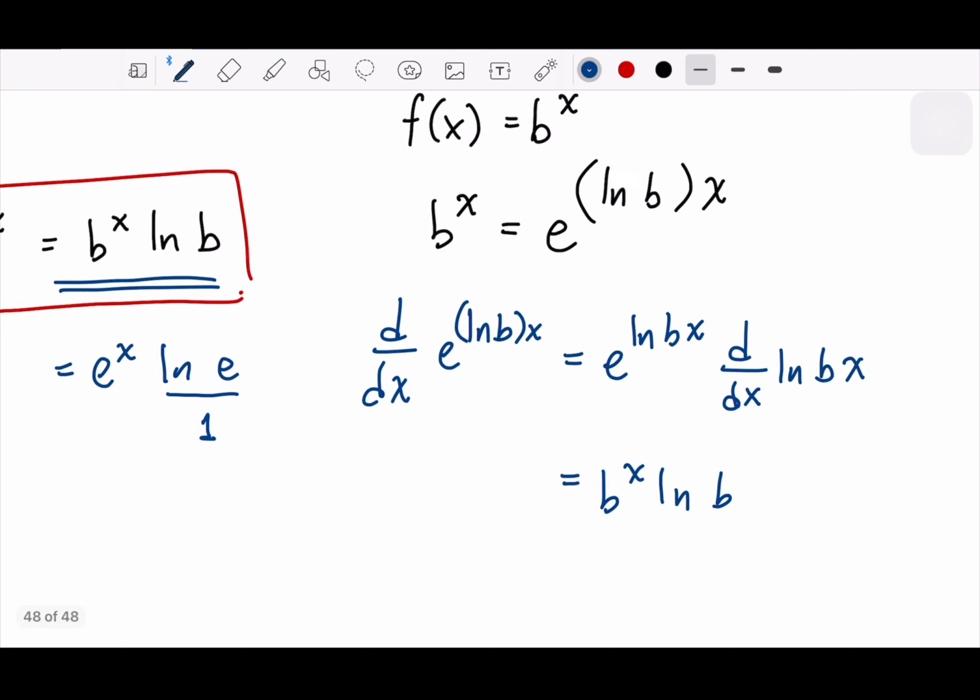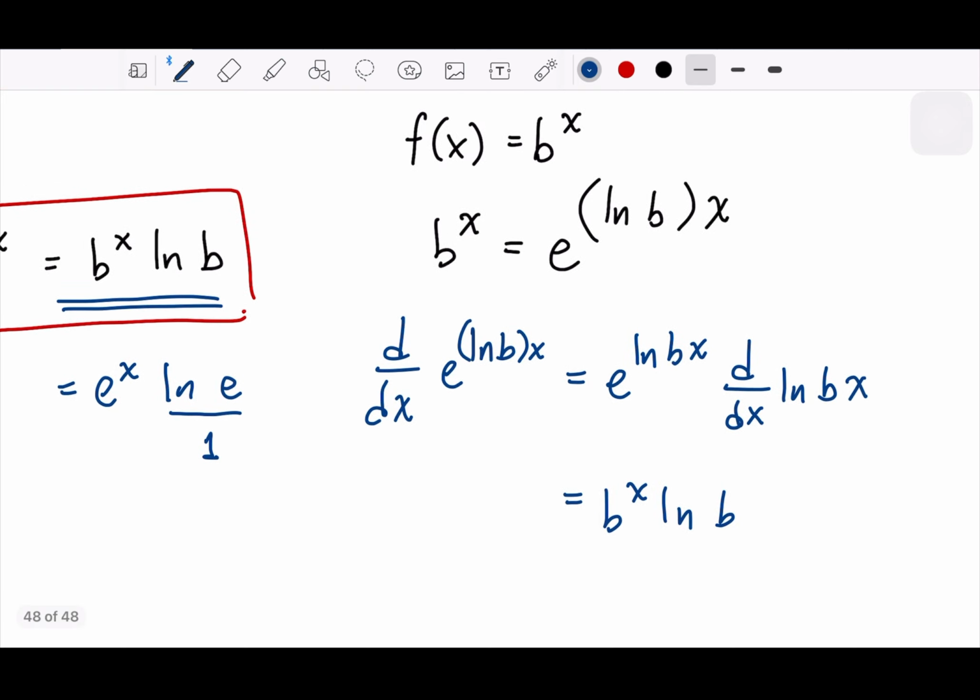Just another view, but if you think it's much more complicated, then we can just stick with this one. Okay, so that is the general exponential.